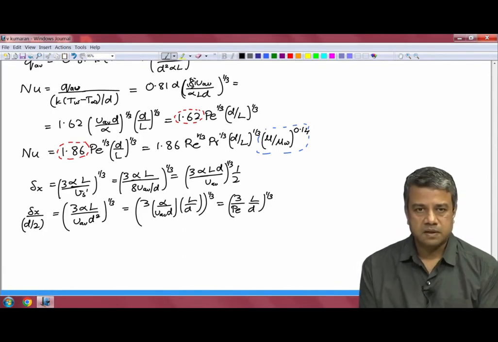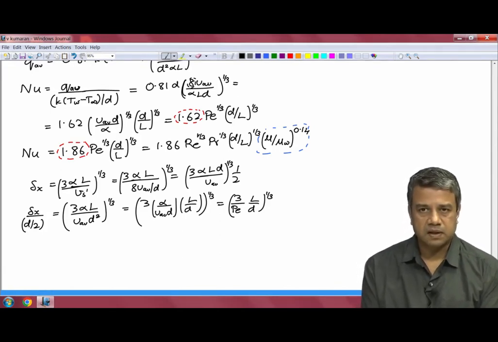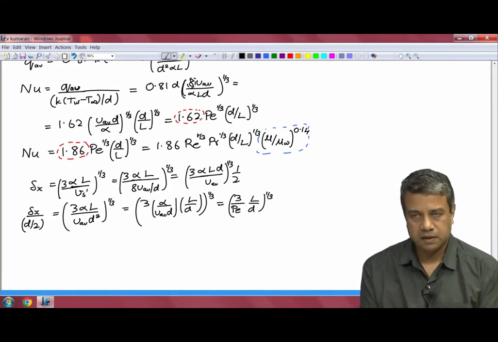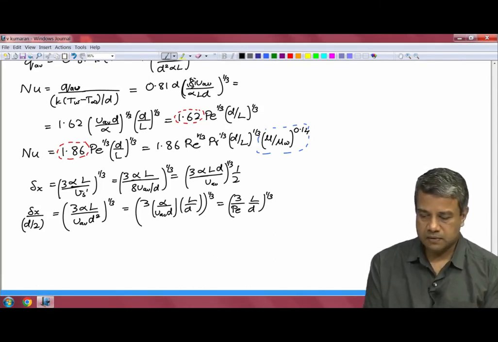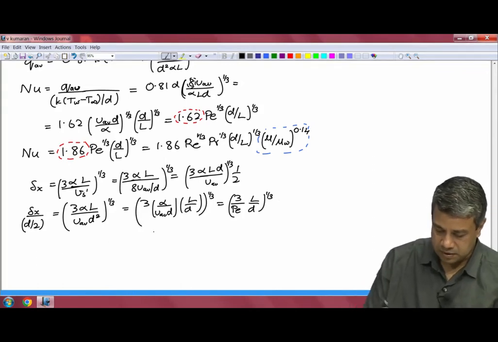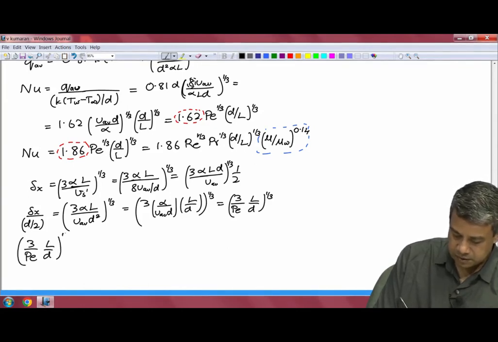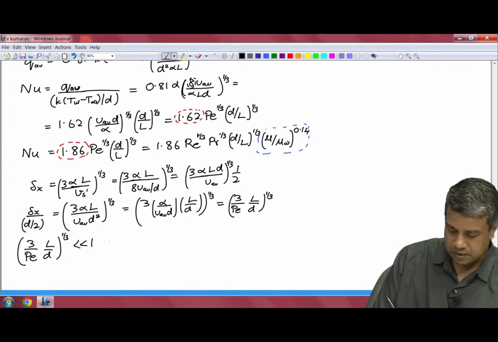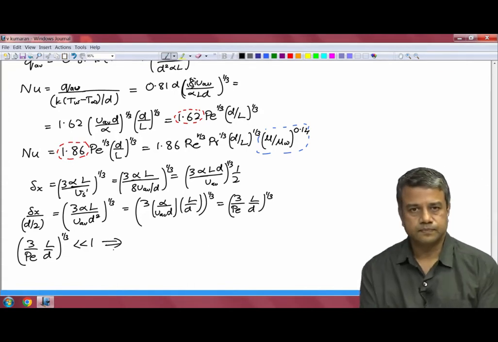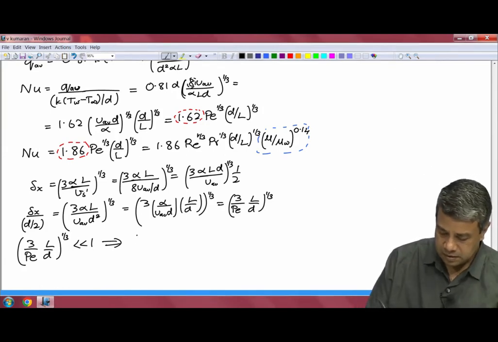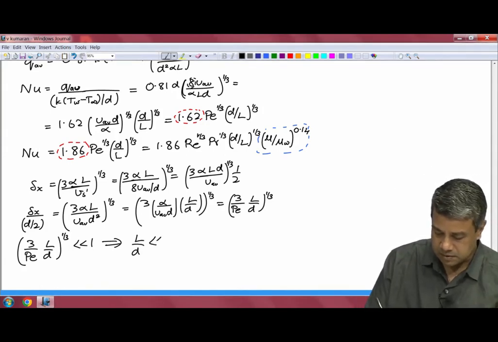So this is the expression for the ratio of the boundary layer thickness and the radius of the pipe. Our calculation is valid only when this is small compared to 1. So 3 by Pe times L by d, whole power 1/3, is small compared to 1, which implies that L by d is much smaller than Pe by 3.